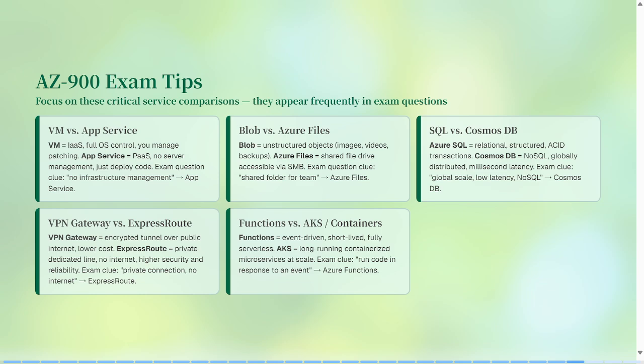If the question says run code in response to an event, the correct answer is Azure Functions. So Functions equals event driven, serverless, short-lived execution. AKS equals long running, scalable container orchestration.